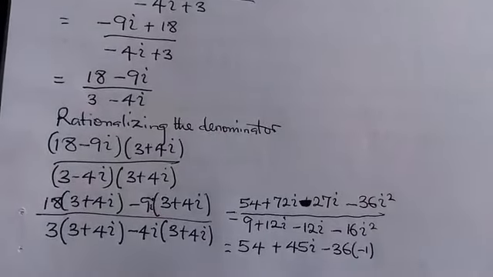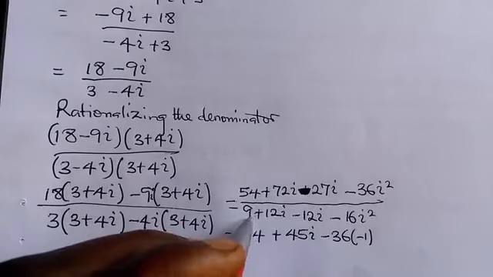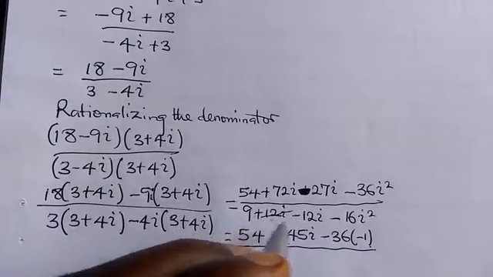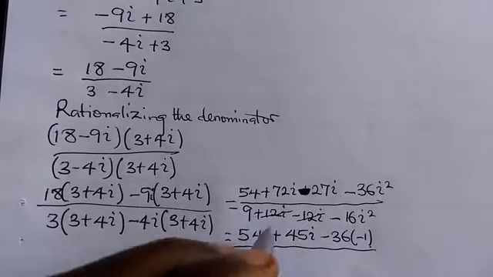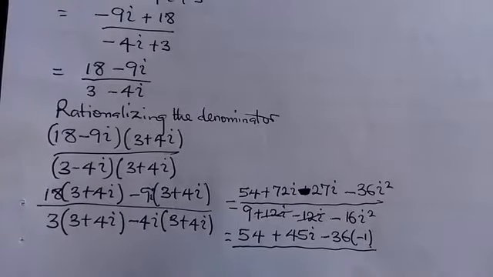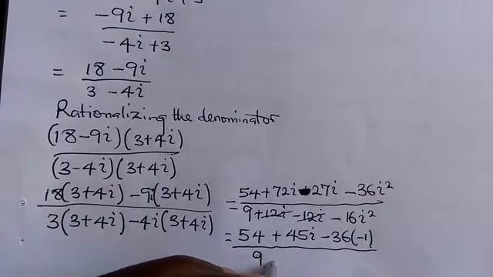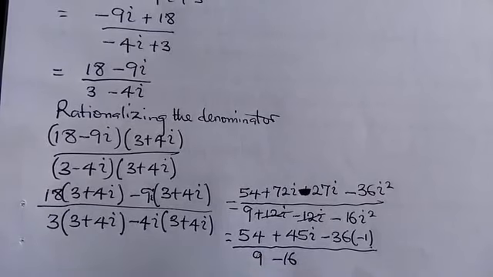All of this will divide. You have this here. Minus 12i will go with minus 12i. And here we are left with 9 minus 16 into minus 1, the value of i squared.